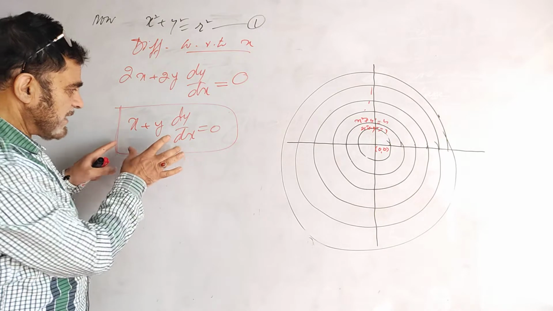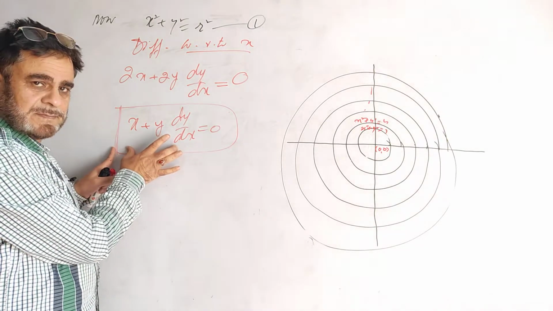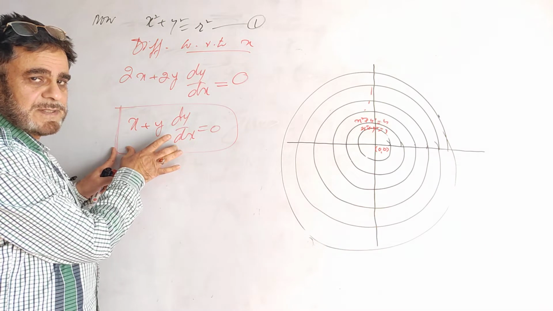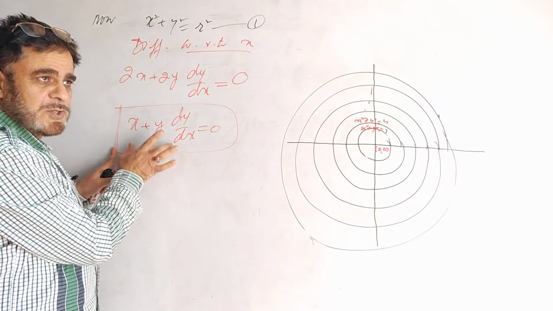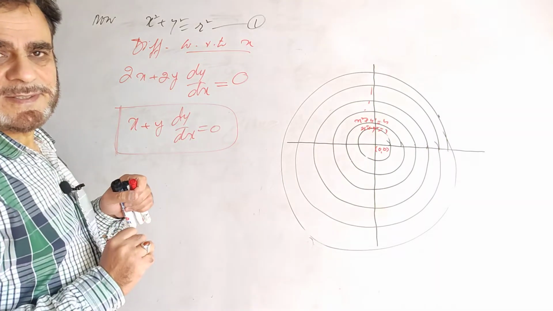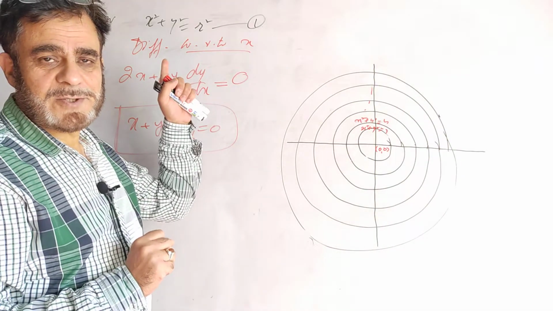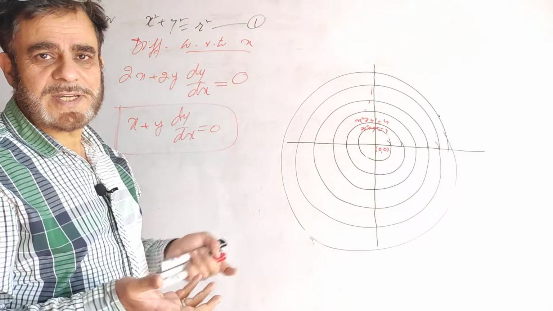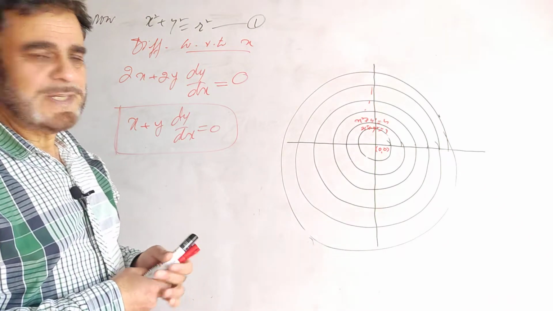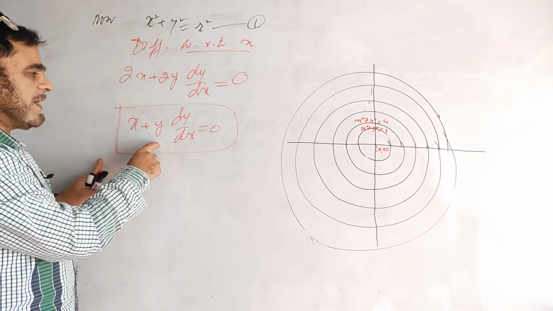If I try to solve this, by the method which will come after one or two lectures, its solution will be x square plus y square is equal to some constant. What was your equation? x square plus y square is equal to r square. r square is also constant. You can denote r square by c.